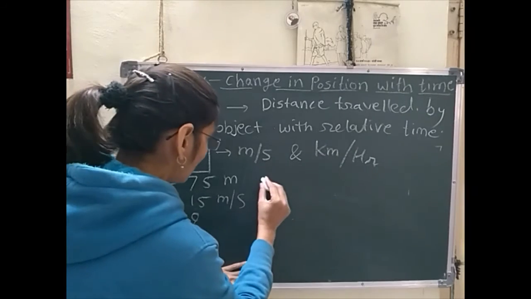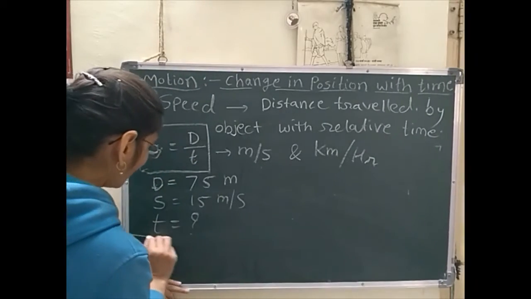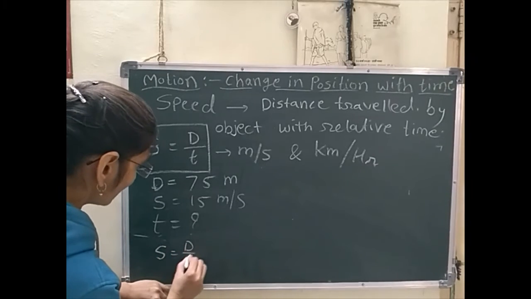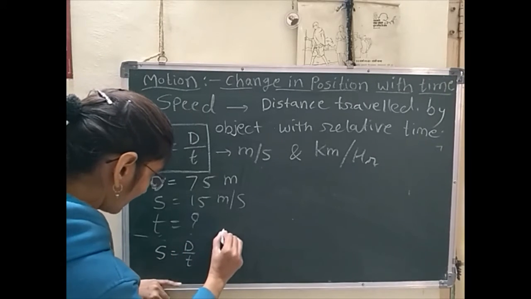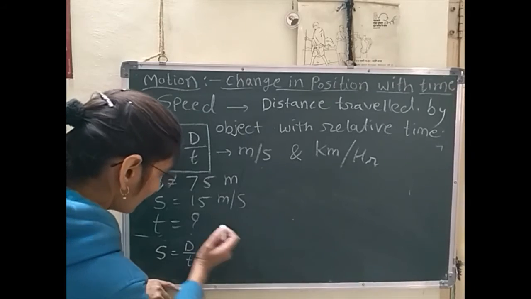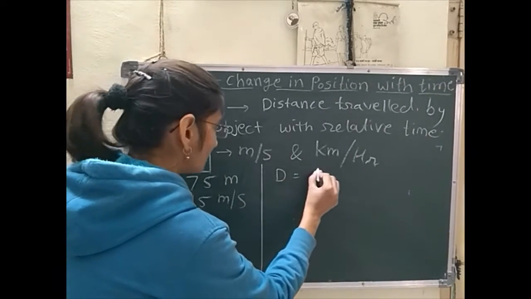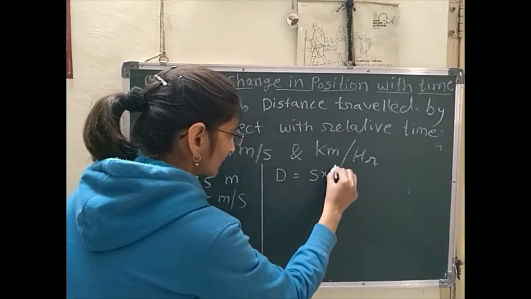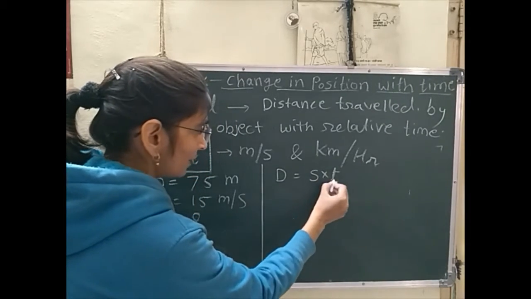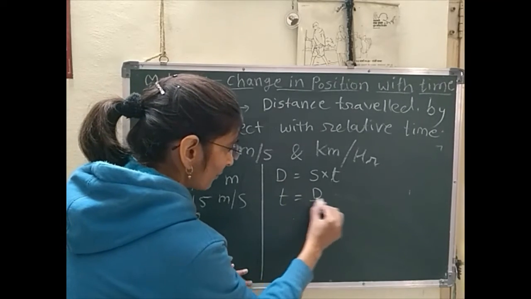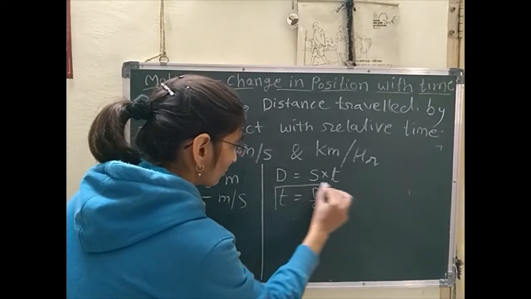That is the question. We know that speed is equal to distance upon time. So distance is equal to speed into time. If we have to take out time, then we write distance upon speed.